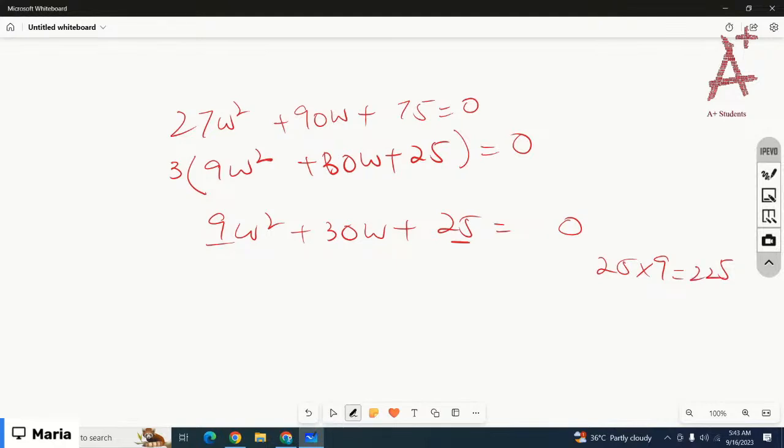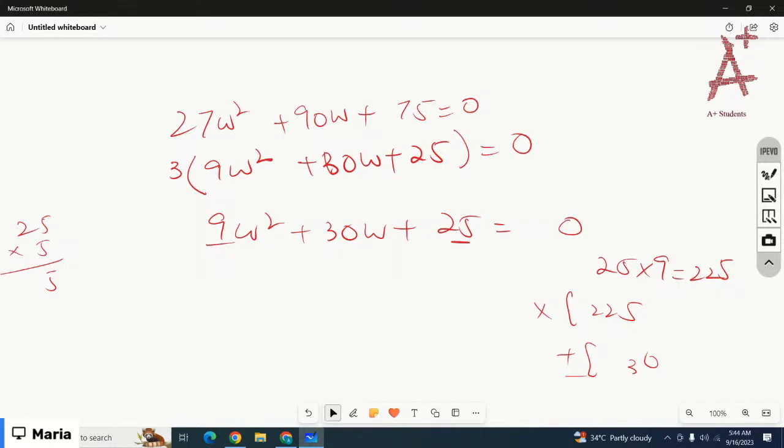So you have to find two numbers whose product is 225 and whose sum is 30. 25 times 5 is 125, no, hold on. 25 times 9 is 225, but that doesn't give 30.